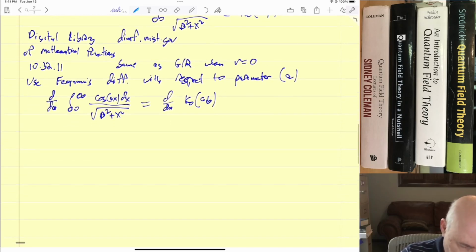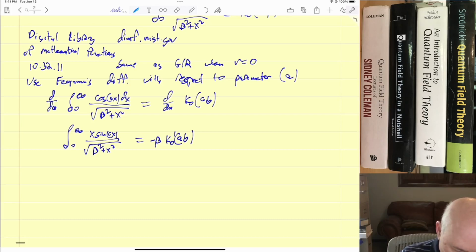And that leads to the integral from 0 to infinity, x sine ax divided by the square root of beta squared plus x squared, is equal to beta K0 prime(a beta), with a minus sign.